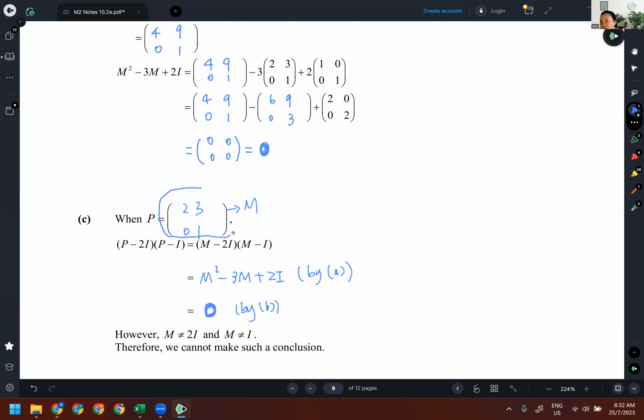It is not equal to 2I, because 2I is this one, and I is this one. M and 2I, M and I are not equal, but M minus 2I and M minus I, their multiplication is a zero matrix. Therefore, we cannot make such a conclusion.